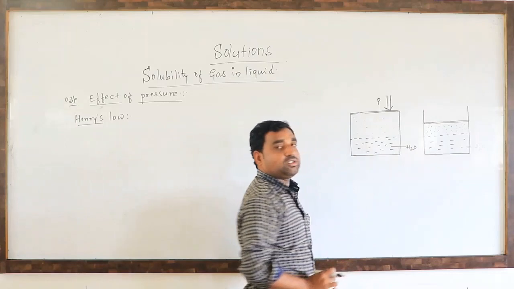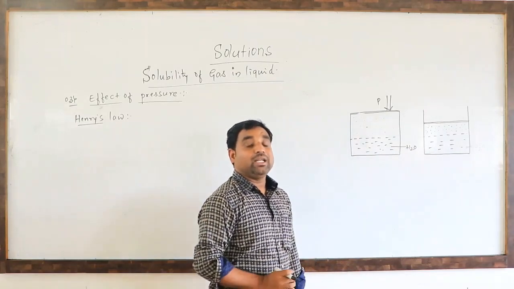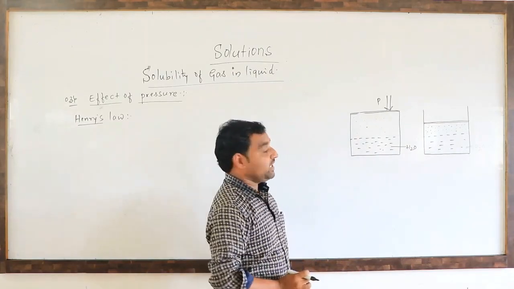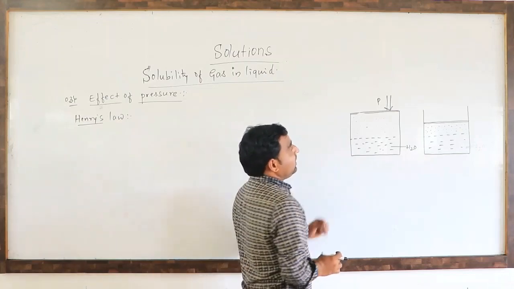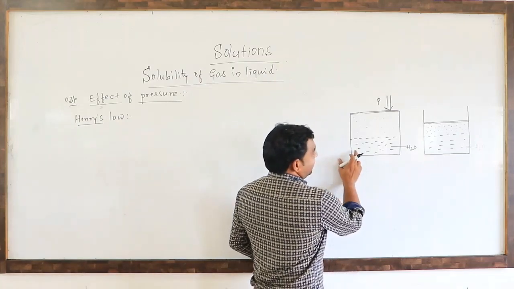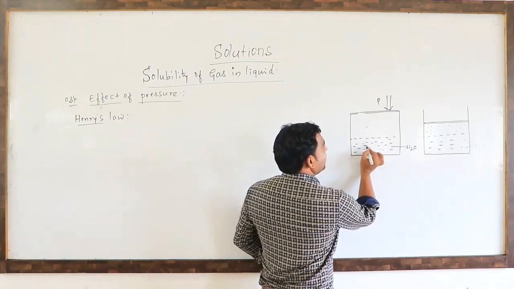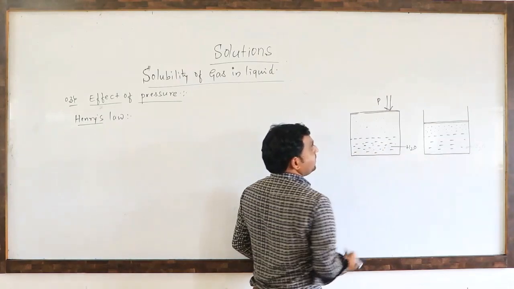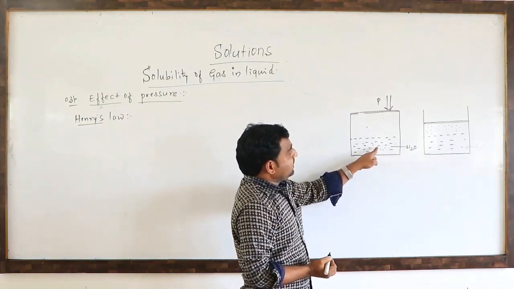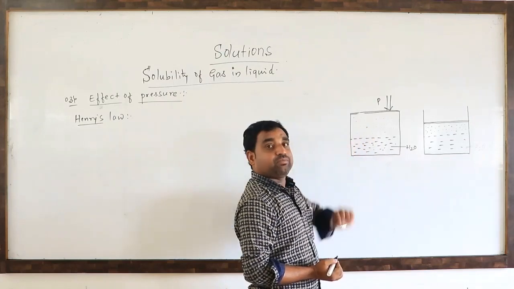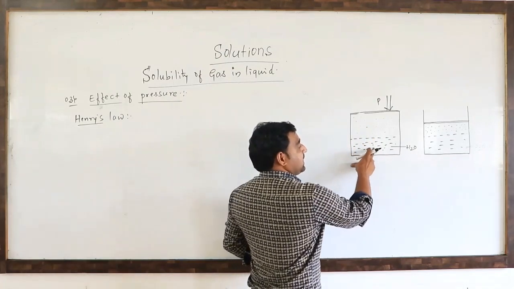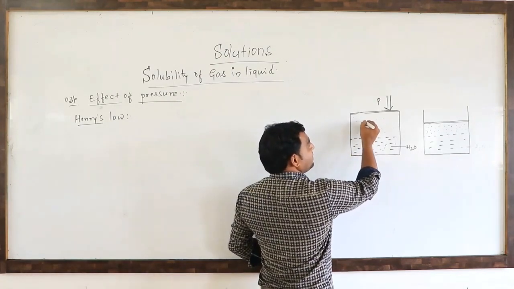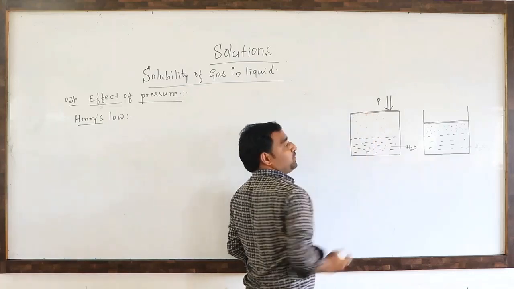If it is a closed system only, then dynamic equilibrium will be reached. So when we take water as a solvent, this water starts evaporating.